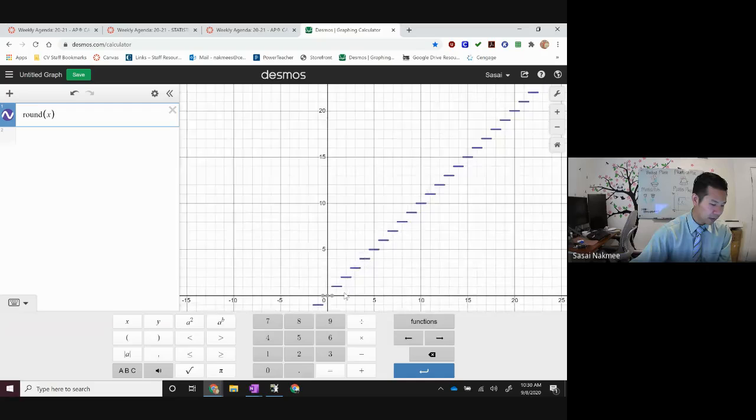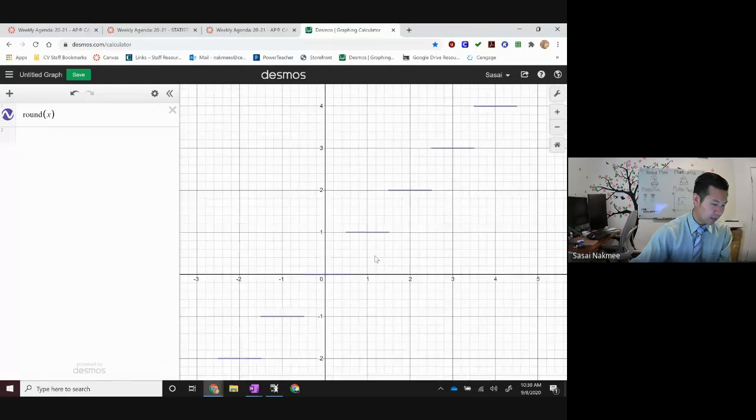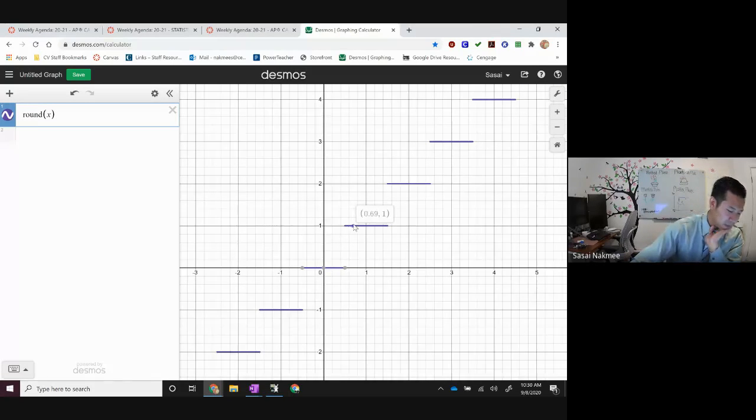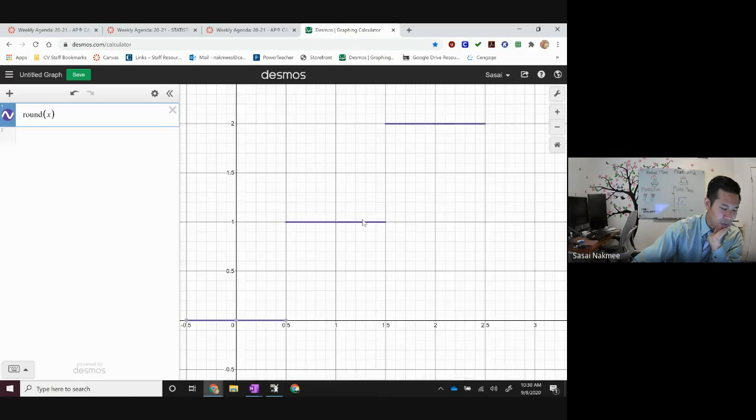check it out. When x is equal to 1, it just equals 1. But if it goes to 1.2 or 1.3 or 1.4, it gets rounded down to 1, right? But then at 1.5, it's equal to 2. See that? So right here, it gets really, really close to 1.5, but it'll never touch it.